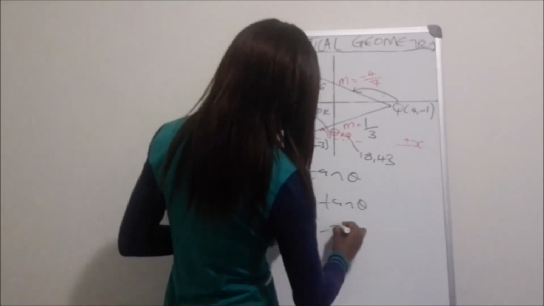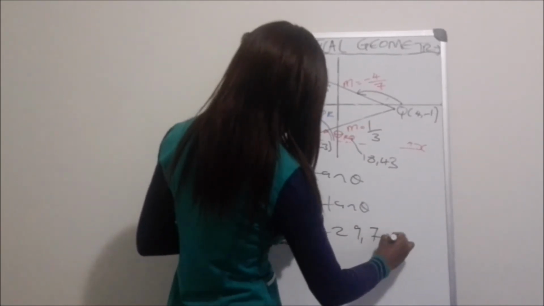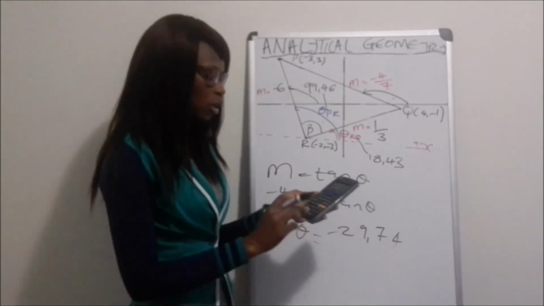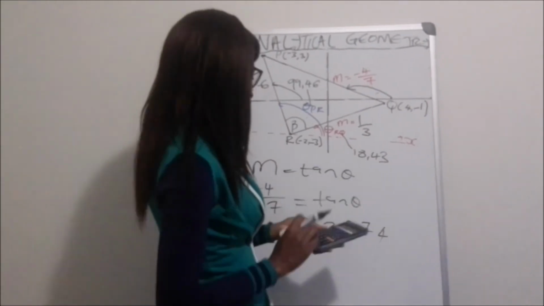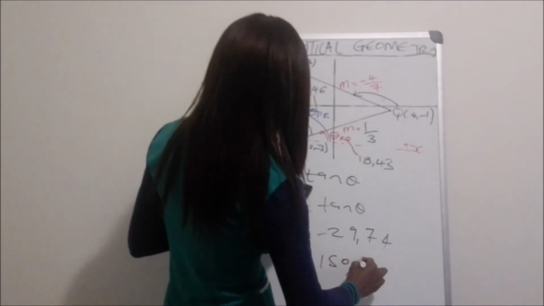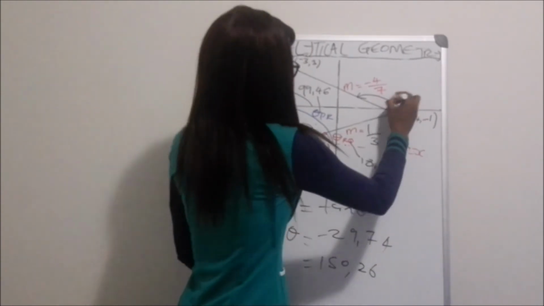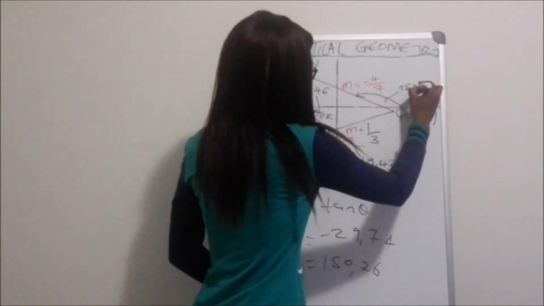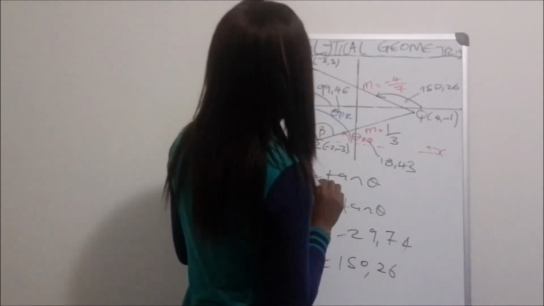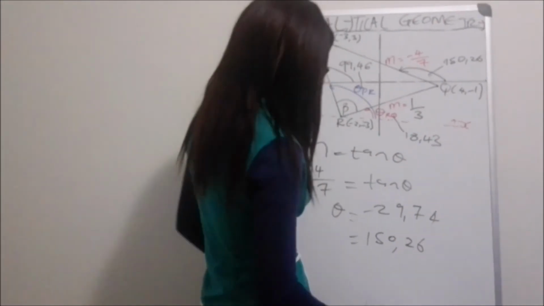That will be -29,74. Alright, now that the angle of inclination is measured anti-clockwise, I have to add 180 to this, which will give me 150,26. Then the angle of inclination here is 150,26. Alright, that is the angle of inclination of line PQ.